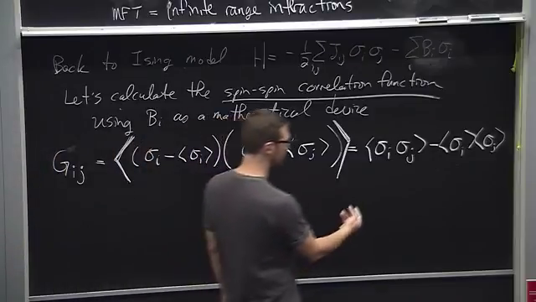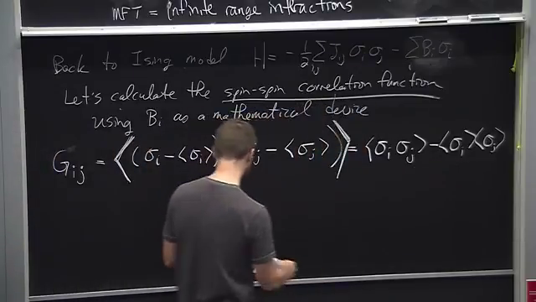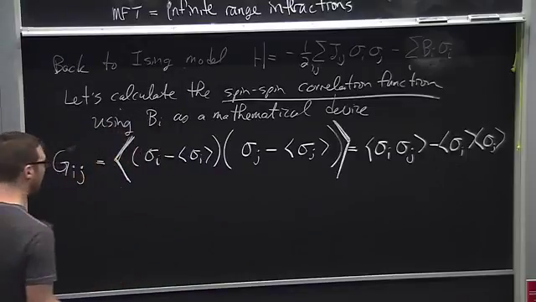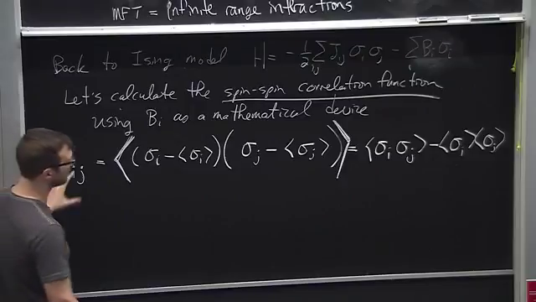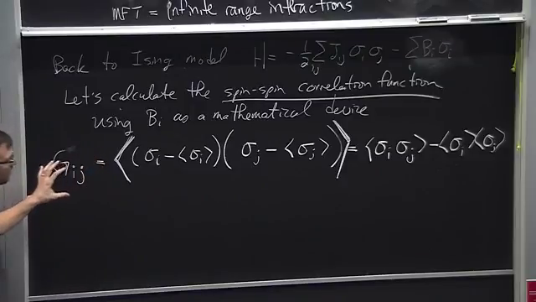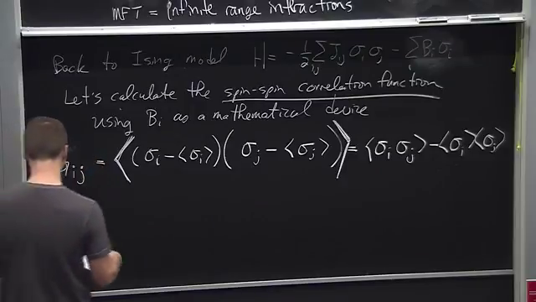I think I'm going to use this here in the calculations. And so as the first step in exploring how this object looks for the Ising model, I just want to do a proof.